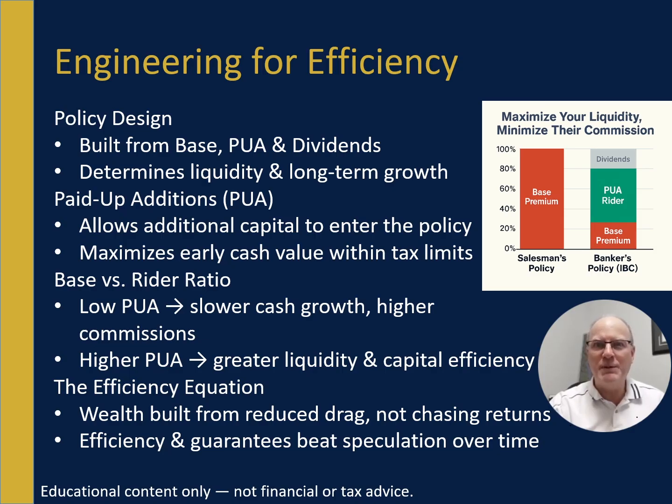Now, here's what most people don't realize. The mix, or the ratio, between that base premium and the PUA dramatically affects a lot of things: the liquidity, the capital efficiency, the speed of usable growth. 2 policies can come from the same company, have the same name, same brochure, completely different performance.